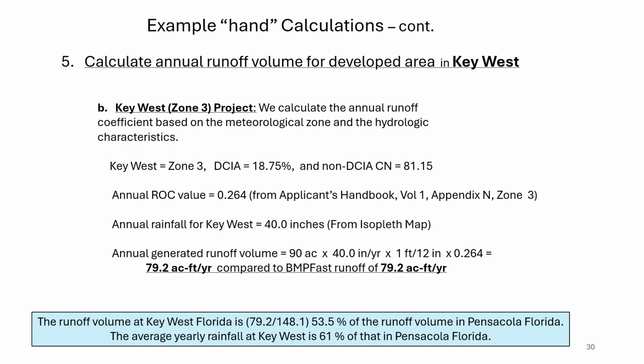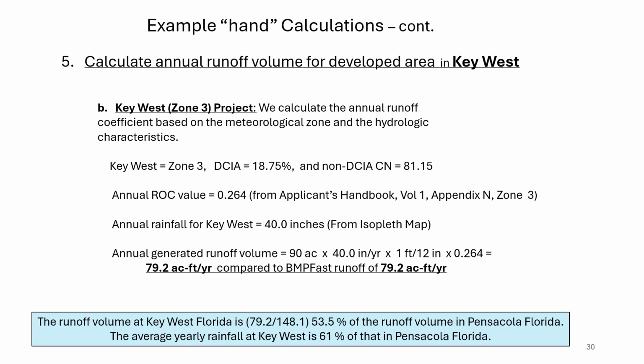The annual runoff coefficient value for Key West, found in Volume 1, Appendix N of the applicant's handbook, is 0.264. The average annual rainfall for Key West derived from the isopleth map is 40.0 inches.